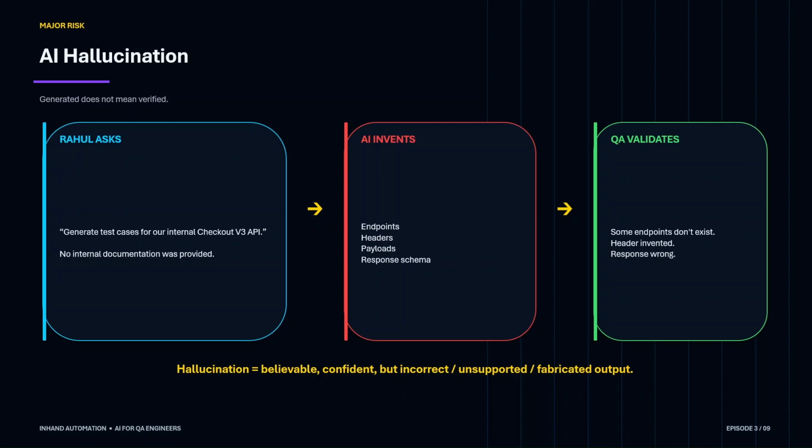That can create a serious problem for you guys. So whenever we use generative AI, a generated response does not mean that it is verified. As a QA engineer, our responsibility is to validate the output generated by AI.